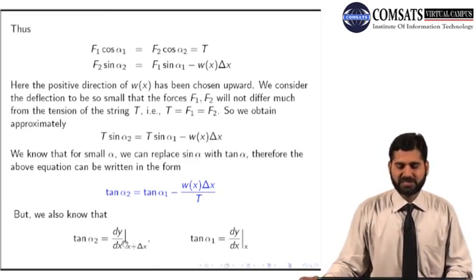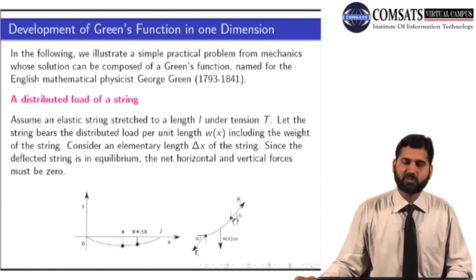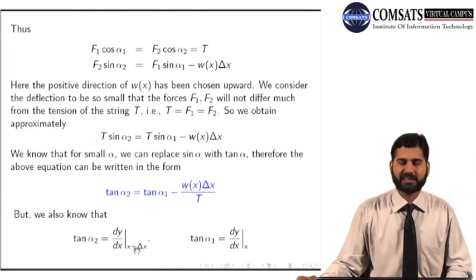So tangent alpha 2 is dy by dx at x plus delta x, and tangent alpha 1 is dy by dx at x. Tangent alpha 1 gives you the slope at point x, and tangent alpha 2 gives you the slope at x plus delta x. That's why we have the derivatives at x and x plus delta x.